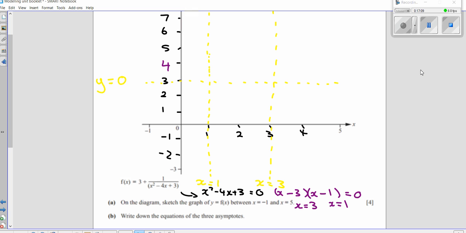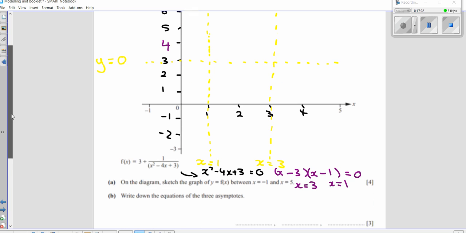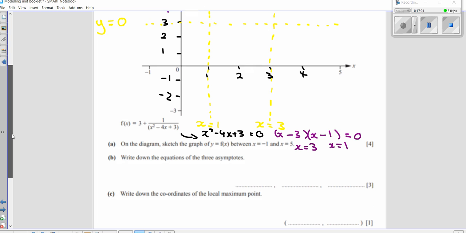Normally for a reciprocal the asymptote would be y equals 0, but because of the +3, it's been shifted up 3 units. So I still haven't answered A, by the way, but I really want to do this one. So you see I'm just avoiding sketching it.